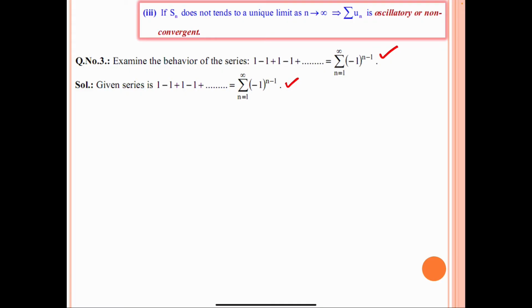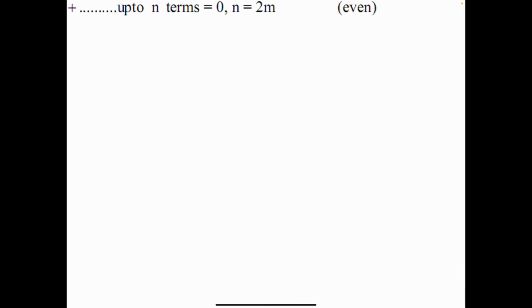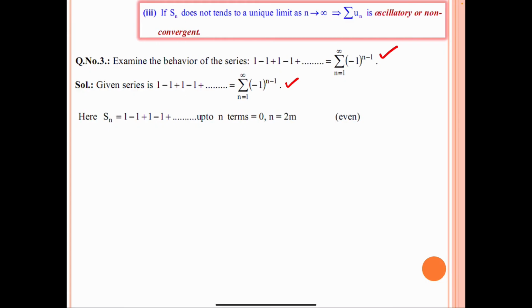Now, first, write the nth partial sum. In this case, Sn is equal to 1 minus 1 plus 1 minus 1 up to n terms. Clear? Up to n terms. So when n is equal to 2m, meaning even terms, like 2 terms, sum is 0, 4 terms, sum is 0.